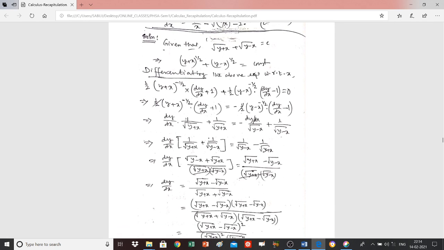So dy by dx times 1 by root over y plus x, then this term with a plus sign, is equal to 1 by root over y minus x, and this term is taken here with a negative sign.